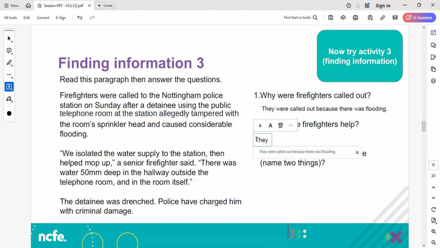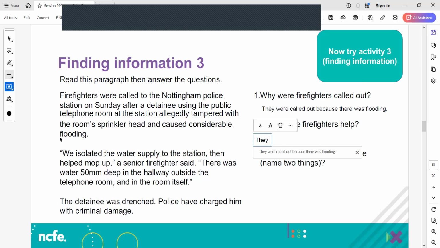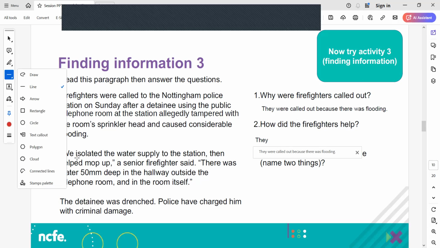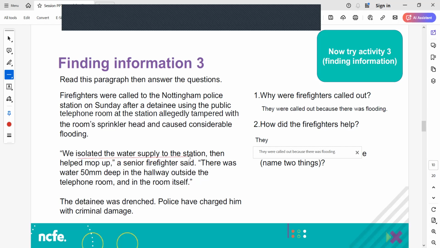So the firefighter tells us what happened. So what does he say? So if we look here, they isolated the water supply, then helped mop up.